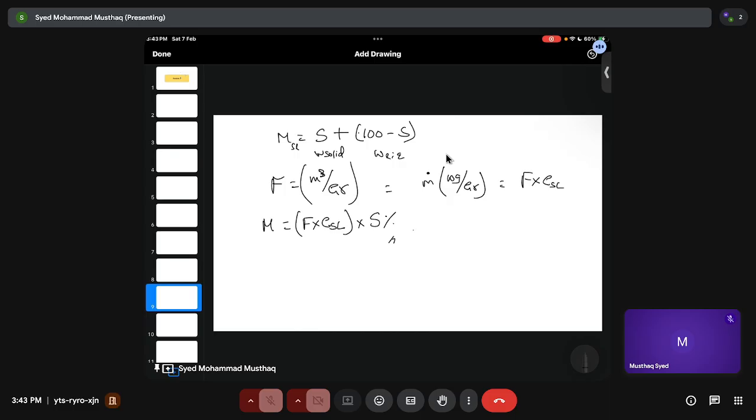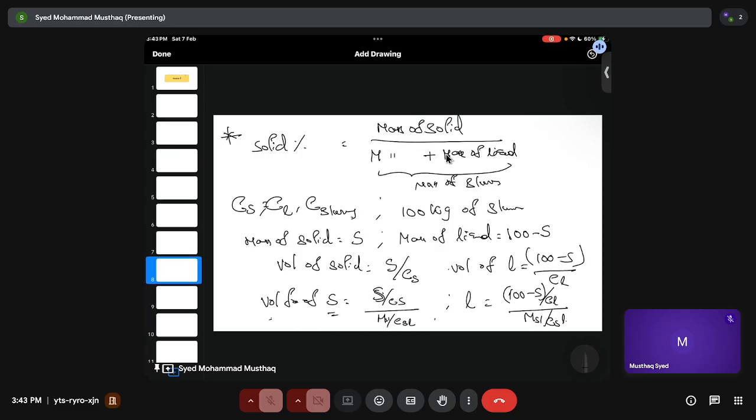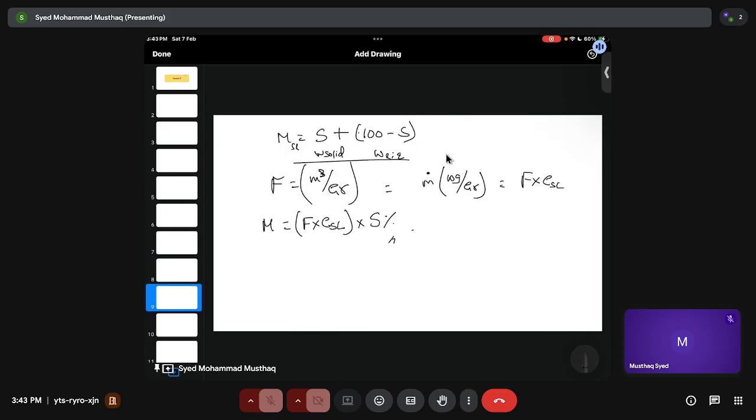And you just do some simple mathematical juggling. Using equations 1 and 2, you will finally end up with percentage of S equal to 100 times rho S times rho SL minus rho L upon rho SL times rho S minus rho L. This is the percentage of solid in your slurry.